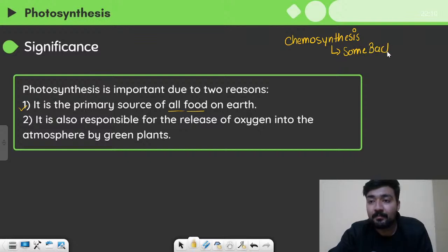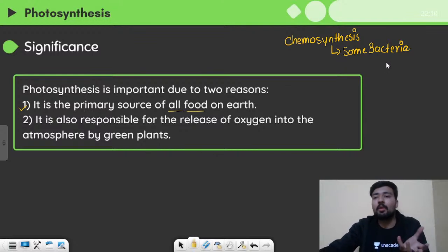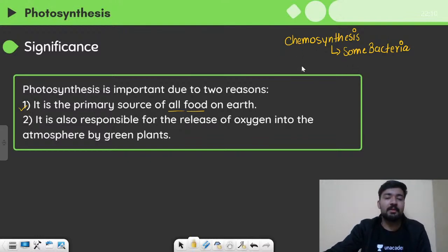Some bacteria which live in extreme conditions where sunlight is not present can use chemical energy to make their own food. This is the only other process which can produce food using chemical energy.